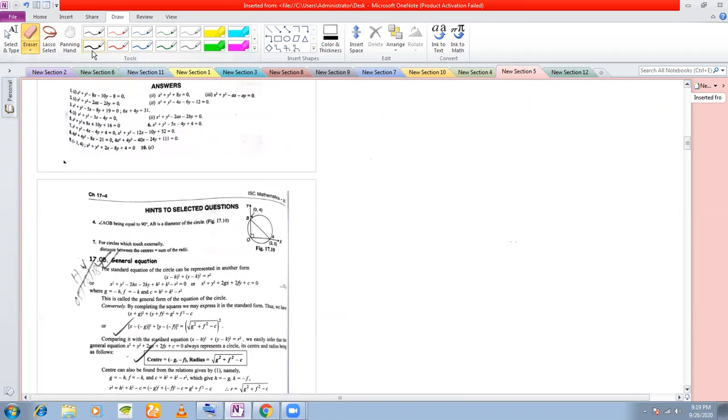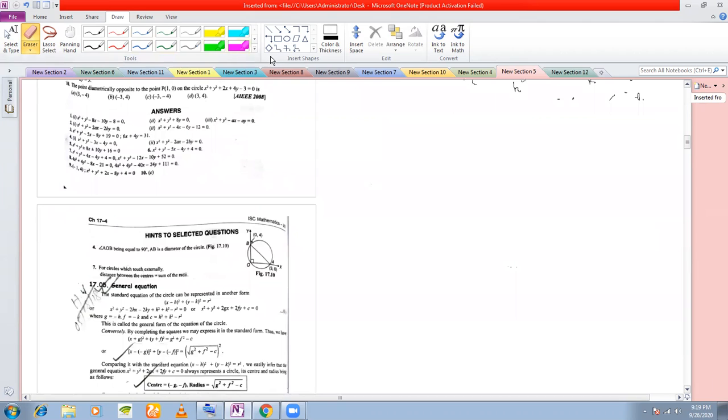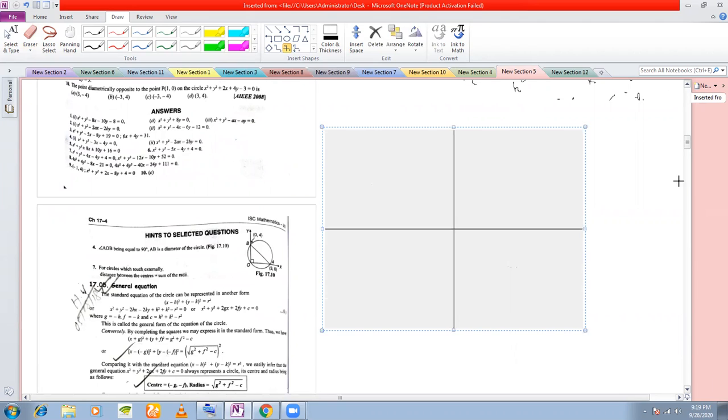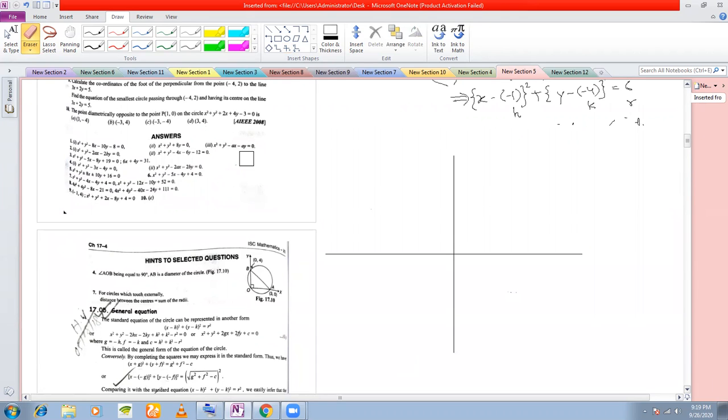The second case is, suppose you have your coordinate axes, and suppose you have a circle touching the x-axis only, something like this.